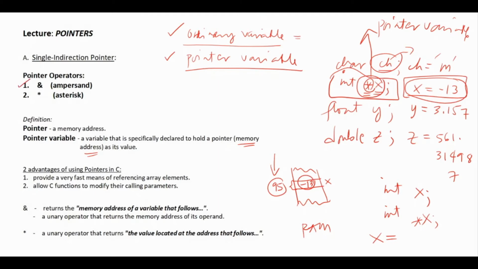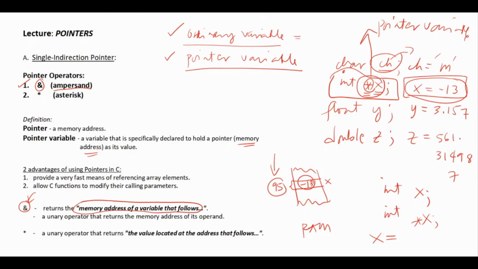There are two pointer operators that we can use when dealing with pointers. The first one is this symbol, which is an ampersand. And when you encounter this operator, you can simply read it as the memory address of the variable that follows.